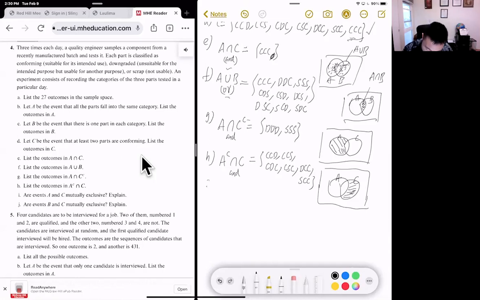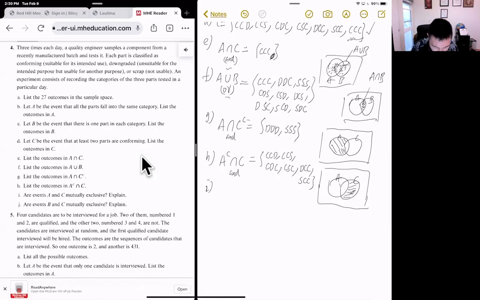Then I is asking, are events A and C mutually exclusive? First of all, what is mutually exclusive? If two events have nothing in common, then we call that mutually exclusive. For example, from the Venn diagram, they do not have any intersection; the two circles do not touch each other.